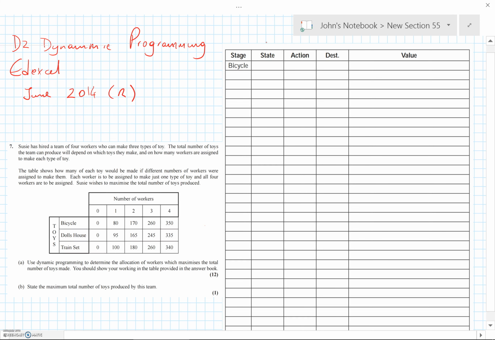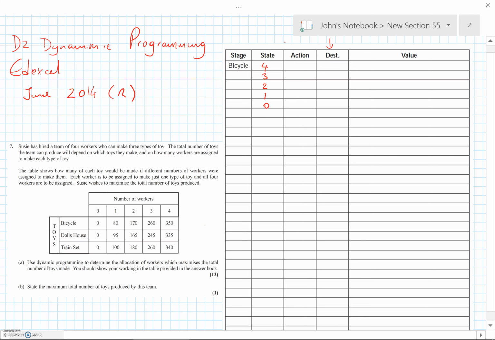So that could be 4, 3, 2, 1 or 0 in this particular problem, because there's 4 workers and 4 could definitely do bicycle, or none of them could, or anything in between. Action is the number that actually do that task. And the destination is the number available for the next, following task.